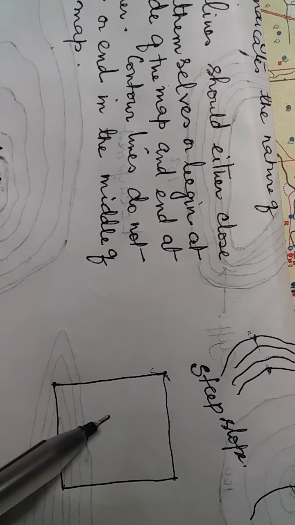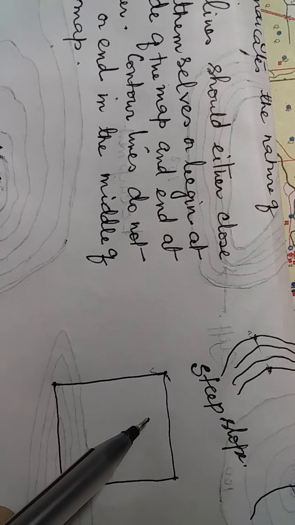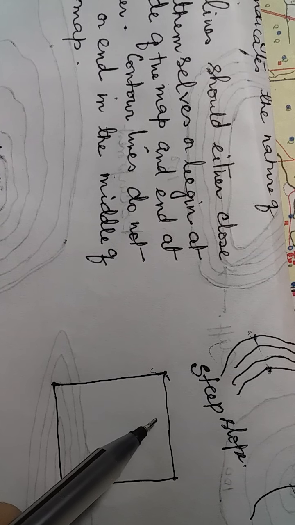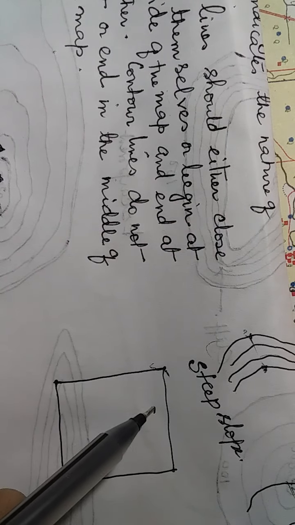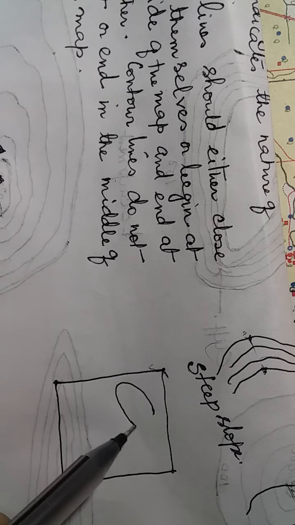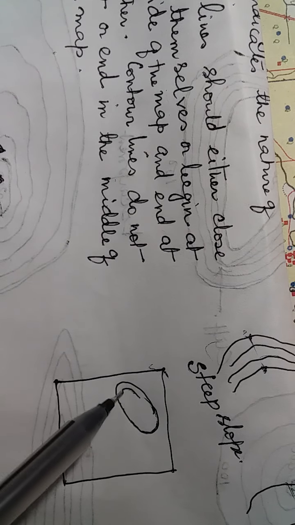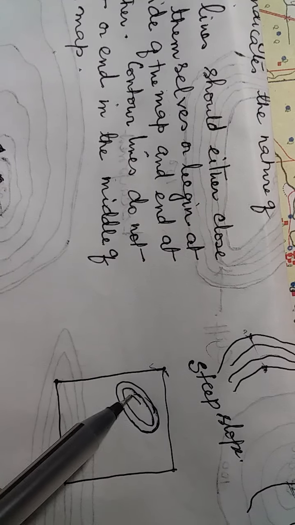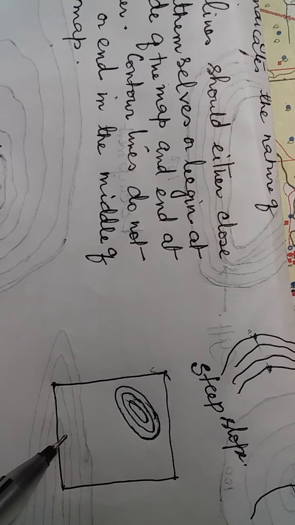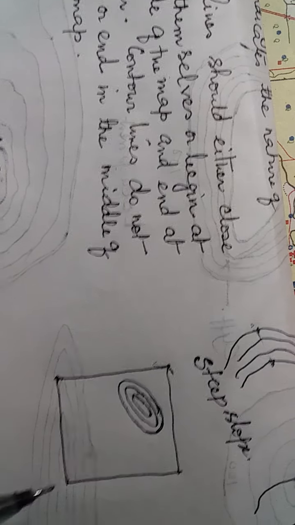Let us assume that this is the topo sheet. If you have any contour, a contour will enclose itself inside the map like this. Actually, all contours are enclosed. You will never find an open contour.